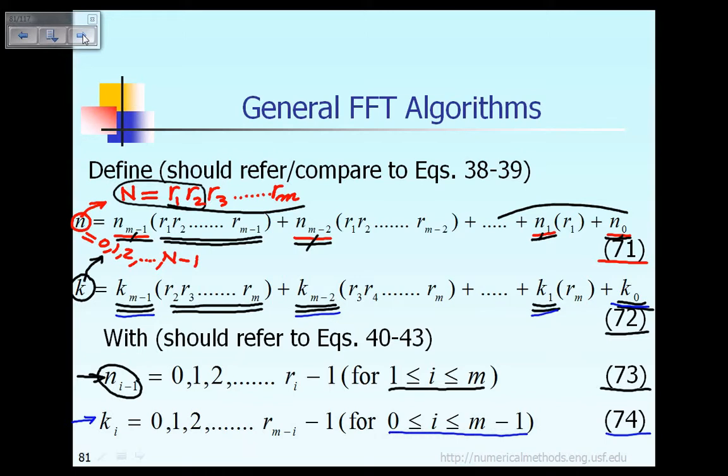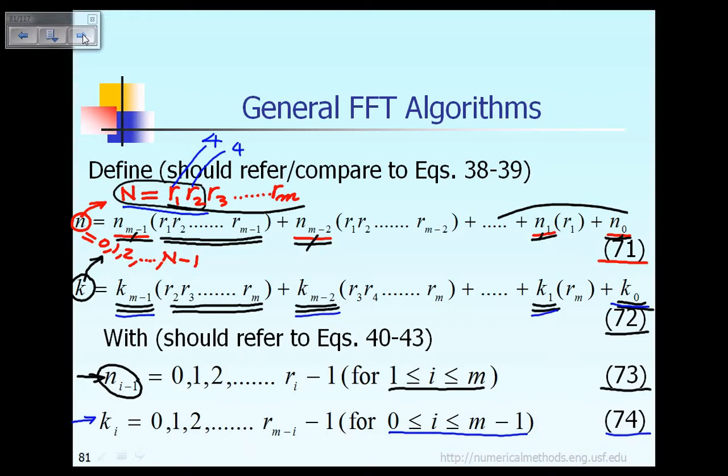Actually, you can see equations 71, 72, 73, and 74 are very similar to the previous case that we discussed, where capital N is equal to the product of two integers, R1 times R2. In the previous two chapters, we considered R1 equal to 4, R2 equal to 4, and in the other chapter, we considered R1 equal to 4 and R2 equal to 2.